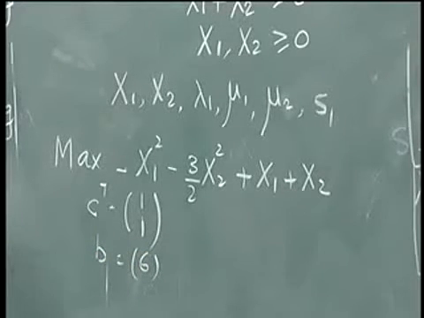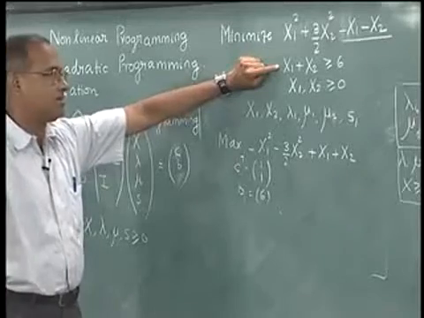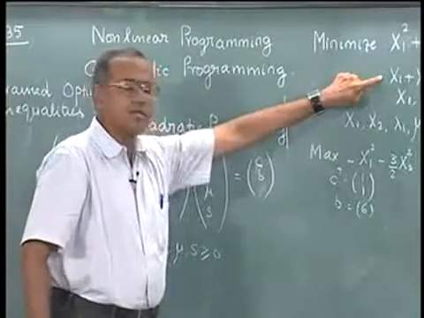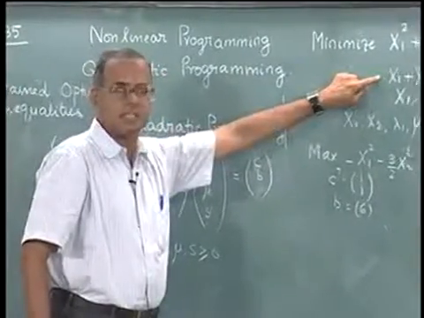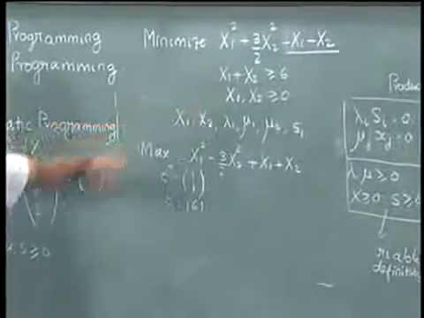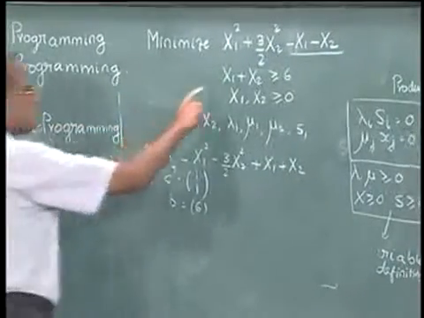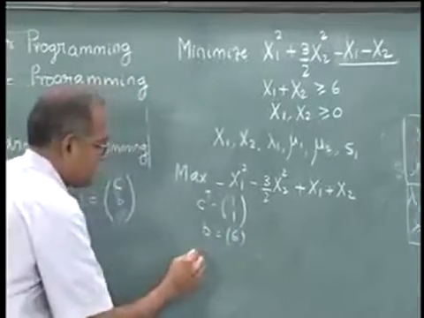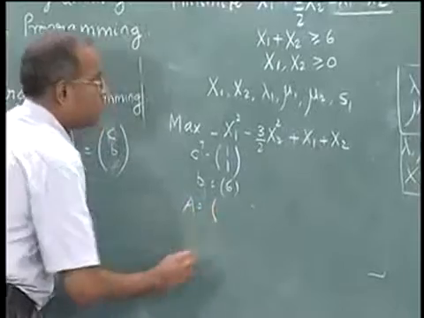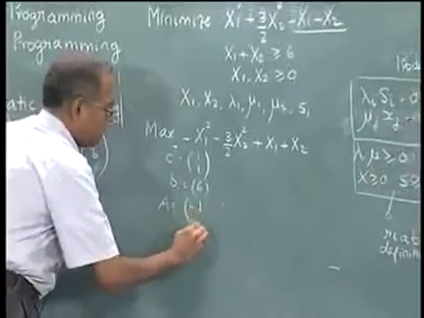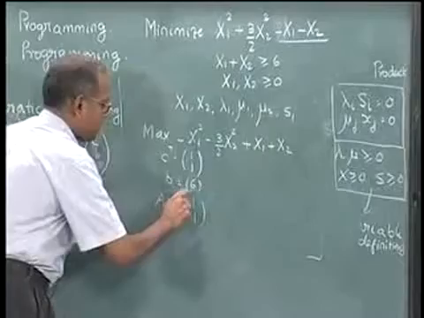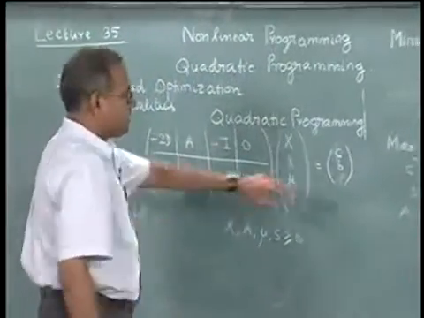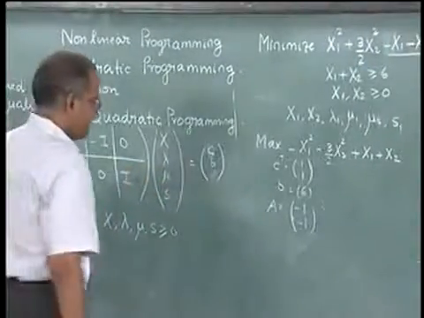The constraint is x1 plus x2 greater than or equal to 6. This is a greater than or equal to constraint, but the Kuhn-Tucker conditions were derived under the condition that g_i of x is less than or equal to 0. Therefore, this will become x1 plus x2 is less than or equal to minus 6. So A will become minus 1 and minus 1.